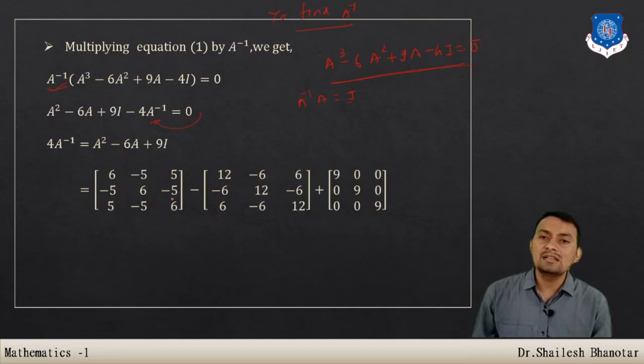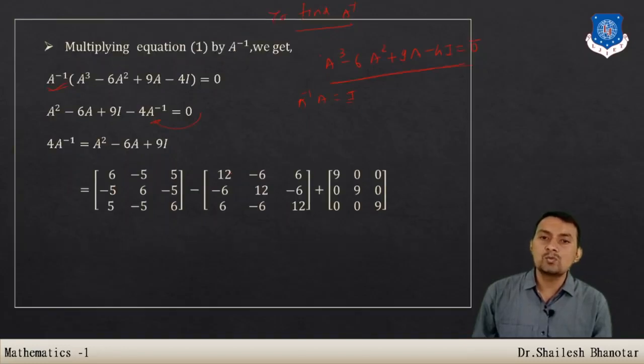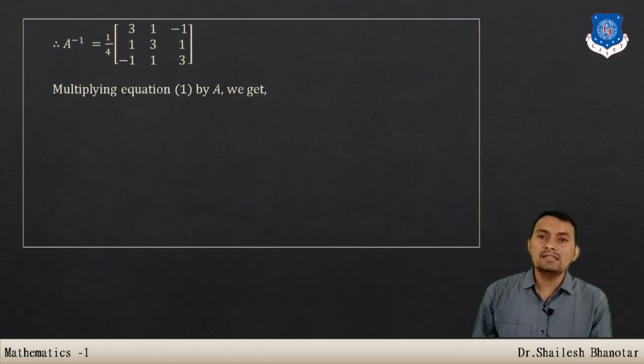When you consider the corresponding entries, you get 6 minus 12 plus 9, that is 3, then minus 5 plus 6, that is 1, and 5 minus 6 plus 0, that is minus 1, and when you add and subtract each and every entry, you will get this one. But this is 4A inverse. So A inverse is equal to 1 divided by 4 times this matrix.